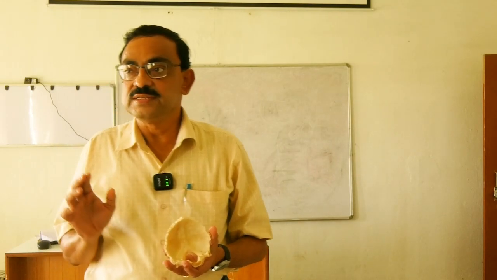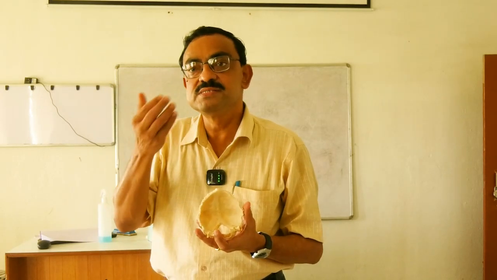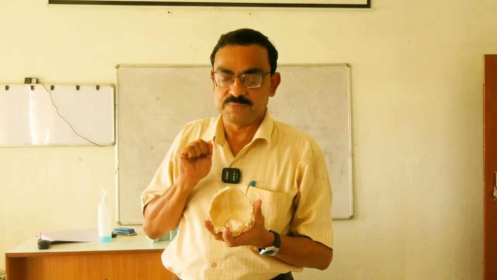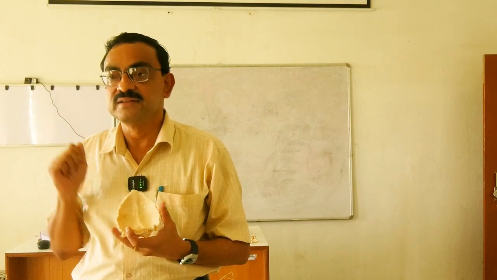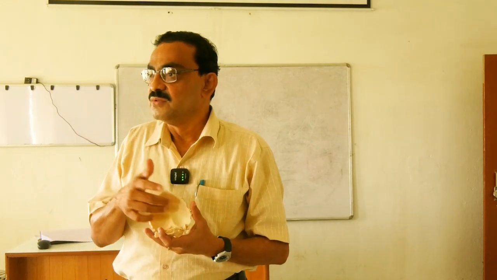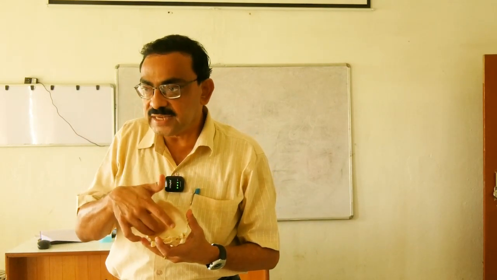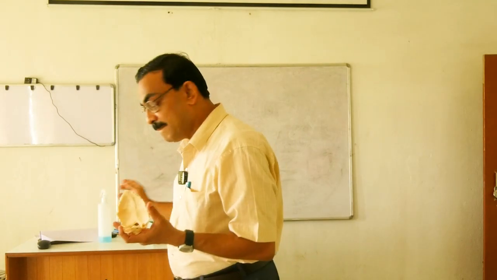Now about the squamous part, the detailing of the bone is becoming beyond your syllabus, but still you have to know the features, otherwise you cannot understand the attachments and what structures remain in contact or in relation with this bone. Now this is the squamous part.